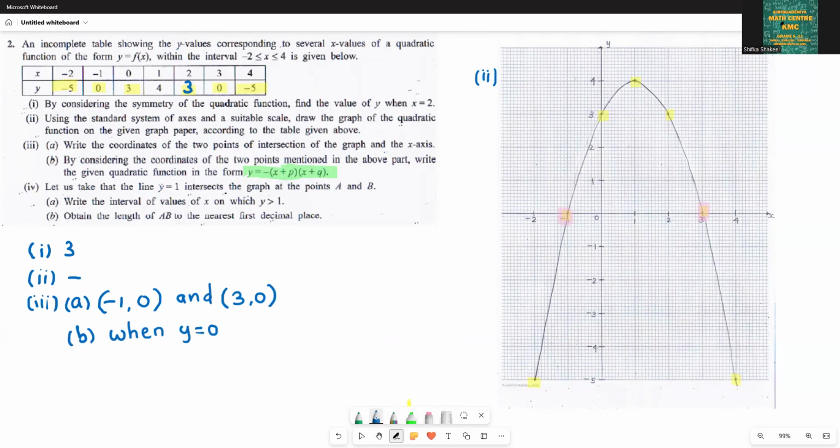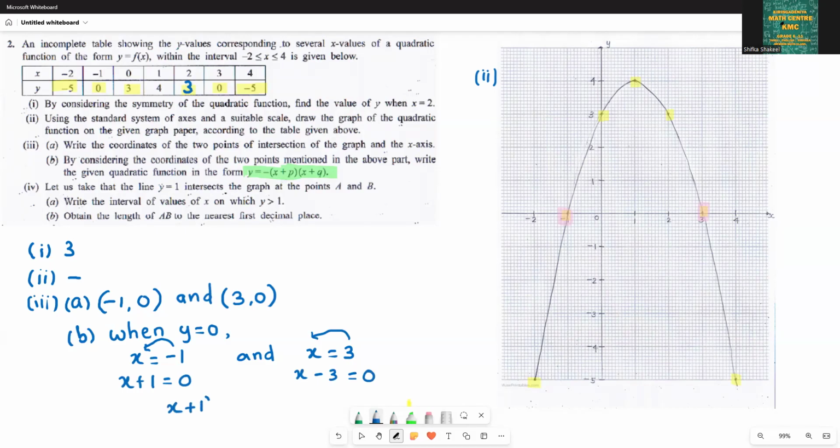When y is equal to 0, x is equal to minus 1, or x is equal to plus 3. So minus 1 taking to the other side is plus 1, x plus 1 equals 0; minus 3 on the other side is x minus 3 equals 0. Both groups equal 0.